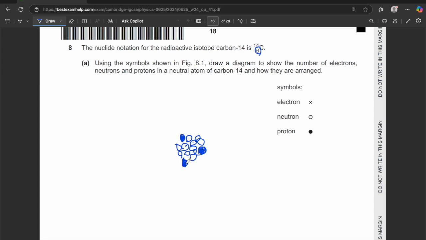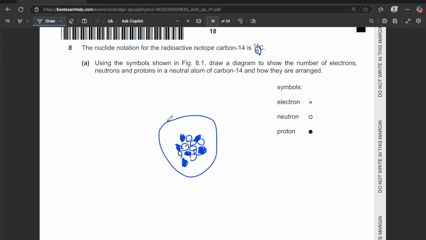So you can choose places. Okay, and then we can draw the electron shells.